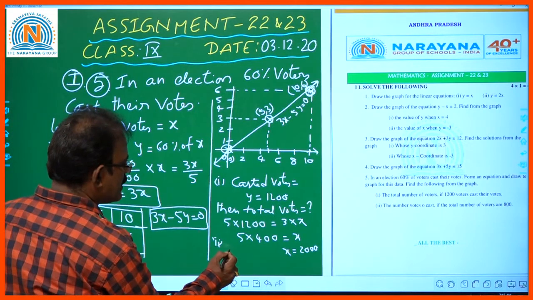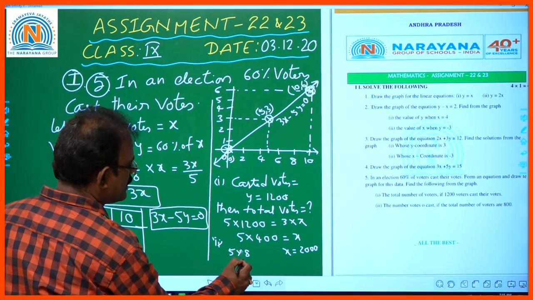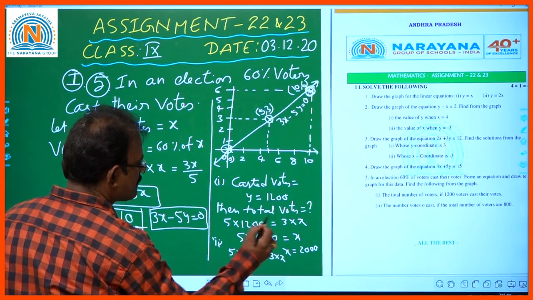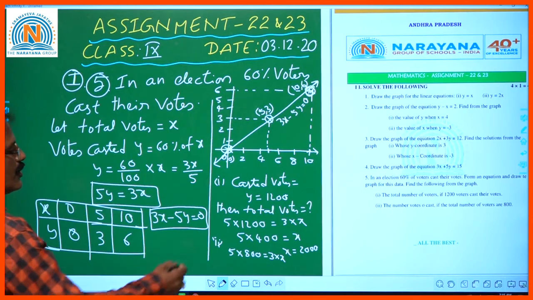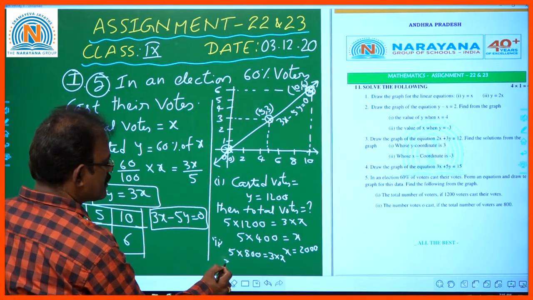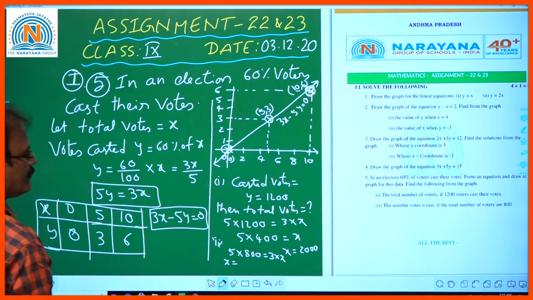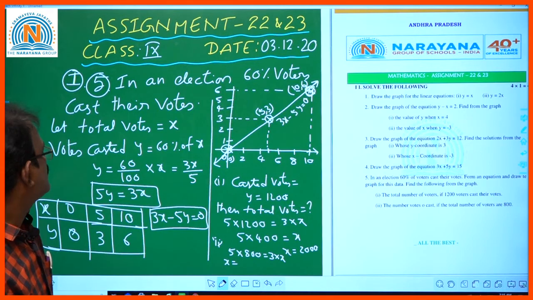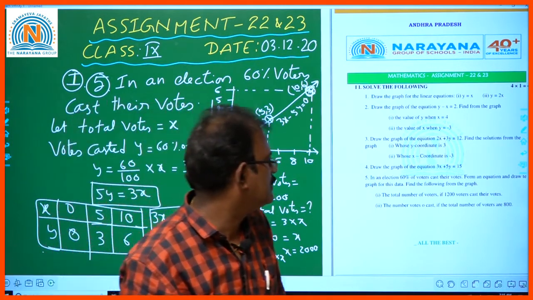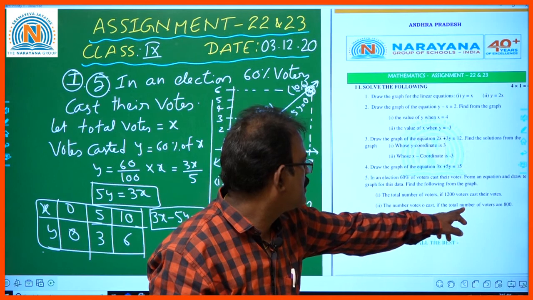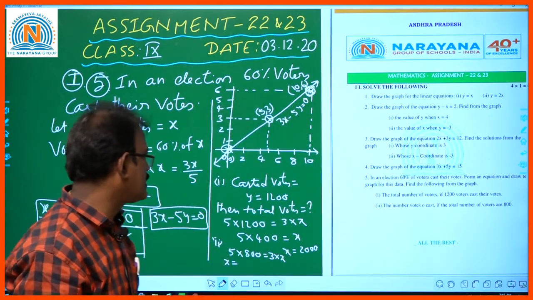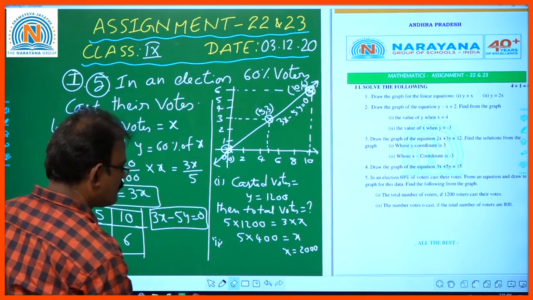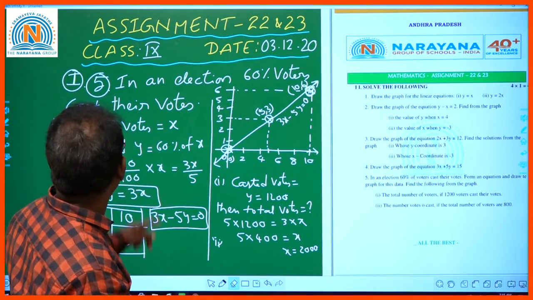So similarly 5 into 800 is equal to 3 into x. y represents votes casted, but total number of votes is x, in place of x we should substitute total number of votes.